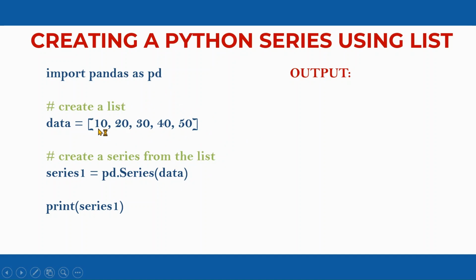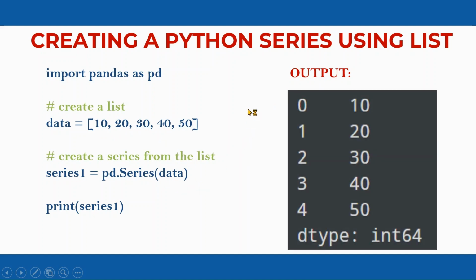Now, how many elements are there? 10, 20, 30, 40, 50. And here I have not given any index. So by default, if you don't give any index, it will take 0, 1, 2, 3, and 4. So you can see the output: 10, 20, 30, 40, and 50 are the list elements, but these are the index values. You are not giving any index values, so it takes 0, 1, 2, 3, and 4, till n minus 1.